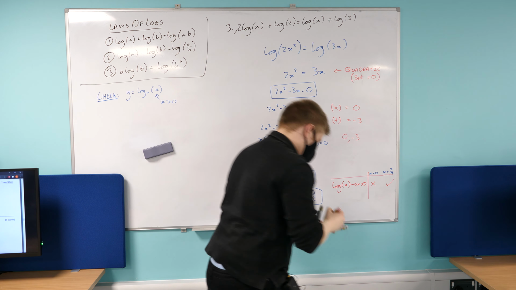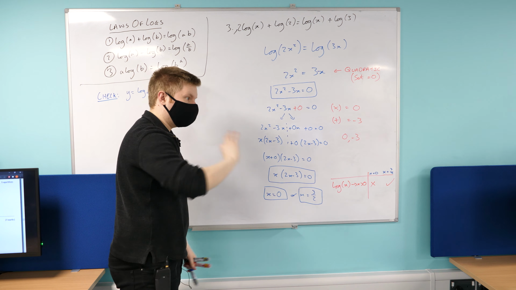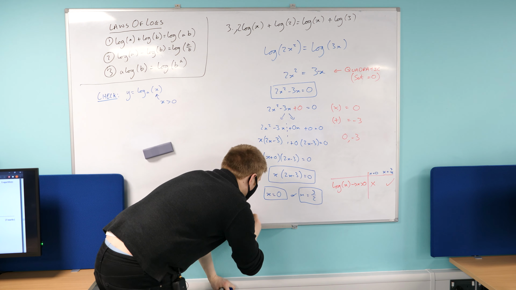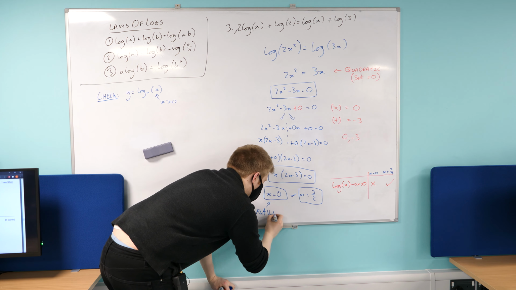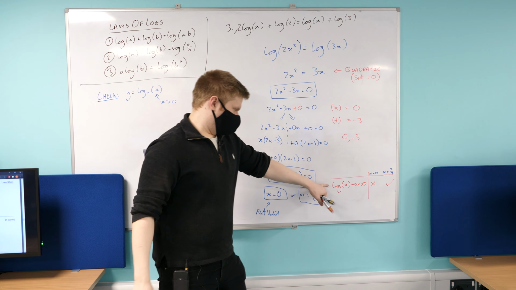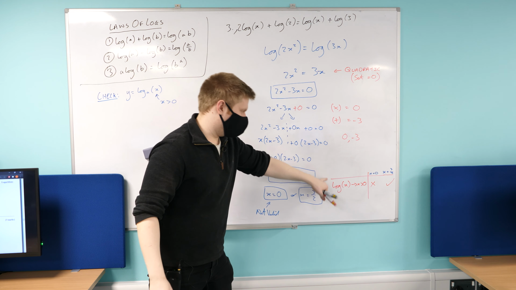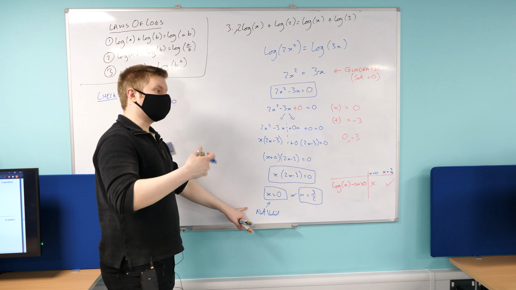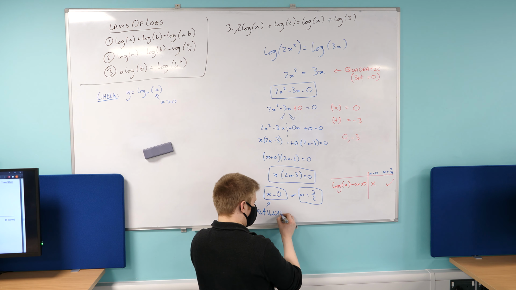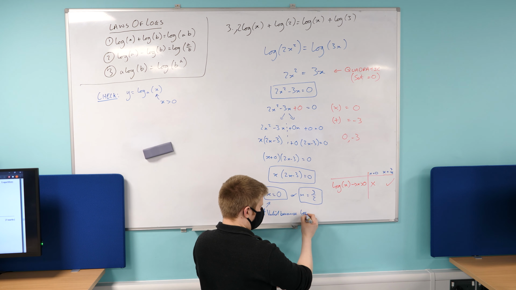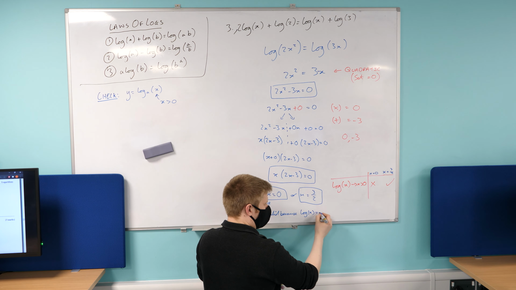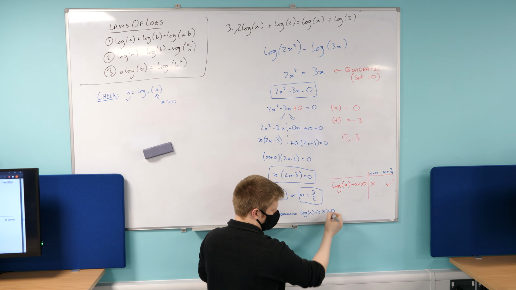So therefore, the only valid solution, so if you left your answer like this, you wouldn't get full marks. You need to say, this is not valid. And you need to justify why it's not valid. To be honest with you, if you write this kind of reasoning down on your page, I can see that, I can award you marks for that. If you choose not to write it down, you must say it's not valid because the log of x implies that x has got to be greater than 0.